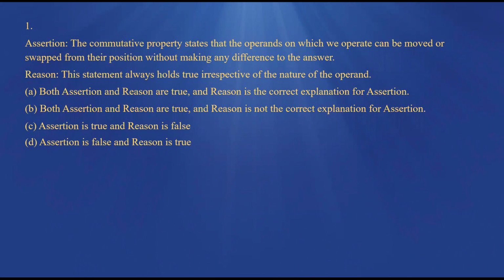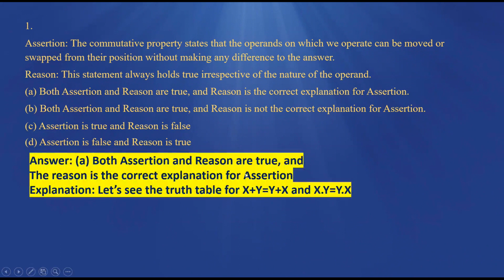Options: both assertion and reason are true, and the reason is the correct explanation for assertion; both are true, and the reason is not the correct explanation for assertion; assertion is true and reason is false; assertion is false and reason is true. Let's see the answer. Both assertion and reason are true, and the reason is the correct explanation for assertion.